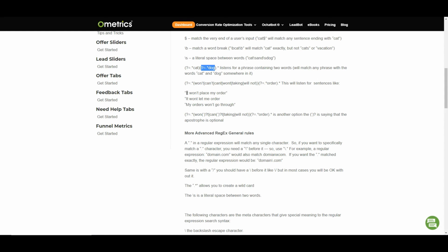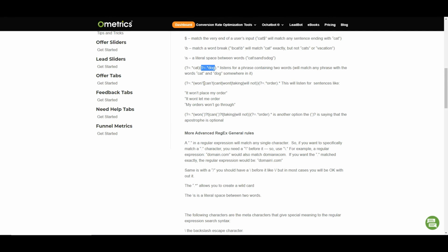Let's say someone's saying, it won't place my order. It won't, spelt differently, place my order without the apostrophe. My orders won't go through. It's not taking my order. Any number of these terms in a sentence. The way this is written here will pick that up. It's basically matching any one of these words with order in a sentence.